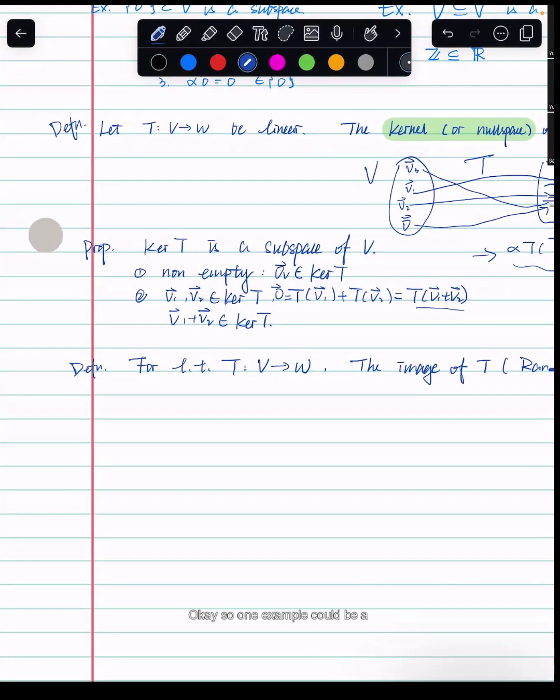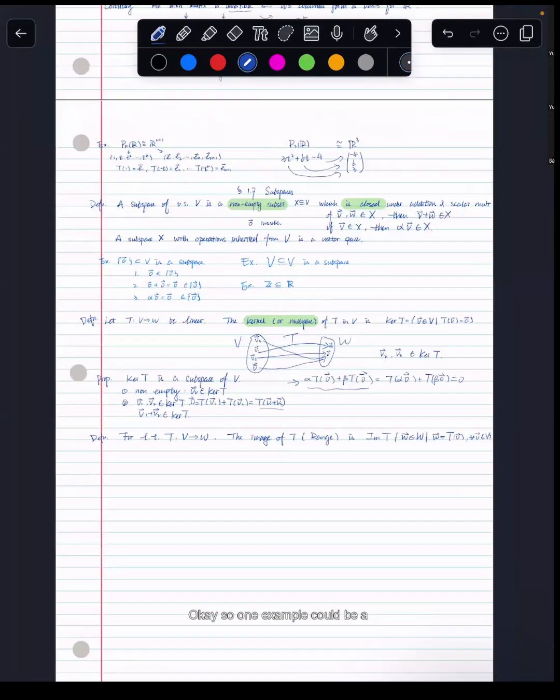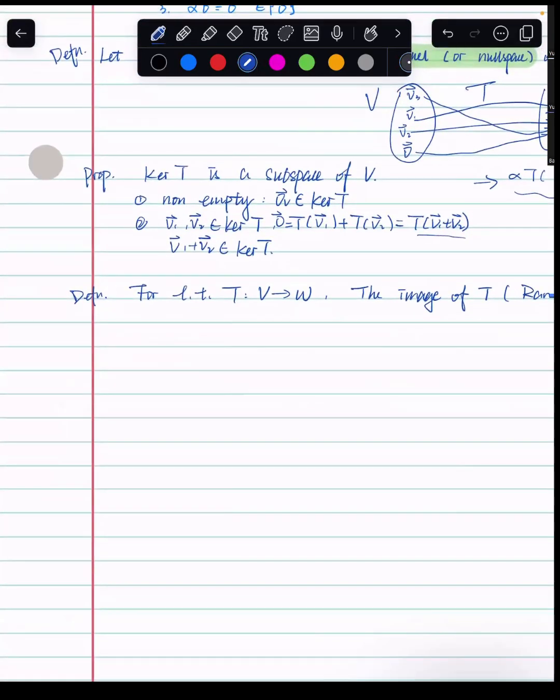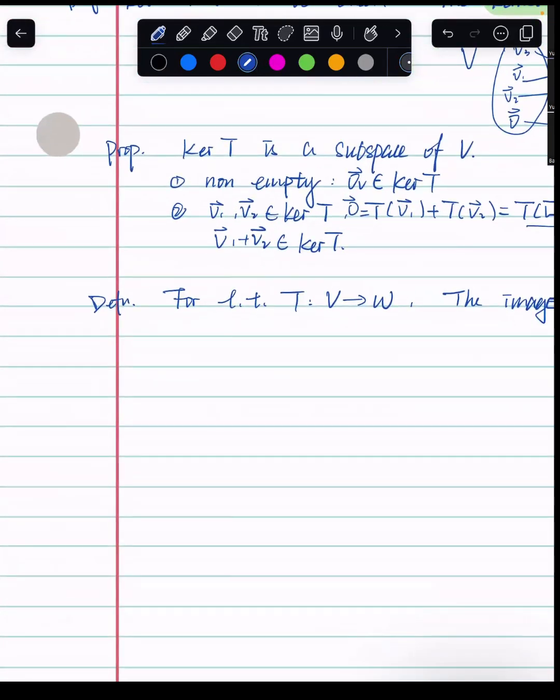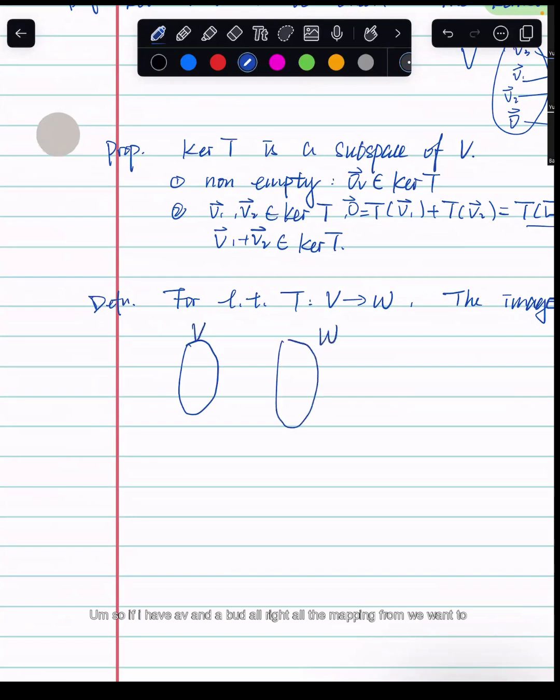Okay, so one example could be: if I have a V and W, all the mappings from V1 to W1 are these. So some of them are zeros.